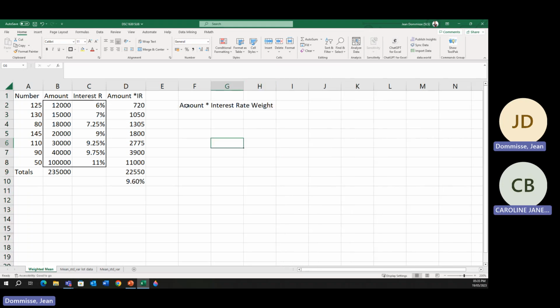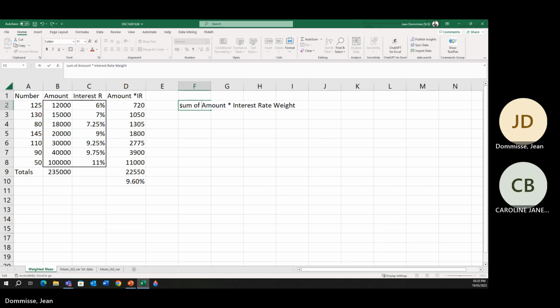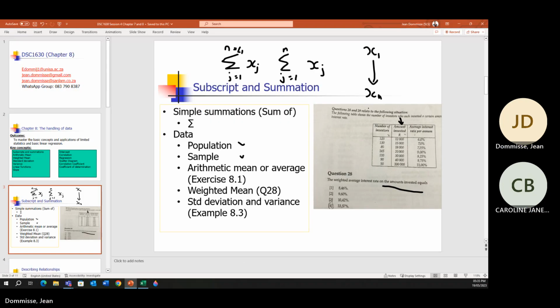So it's basically, and what we can add to that is the sum of. Okay, so that covers that question.